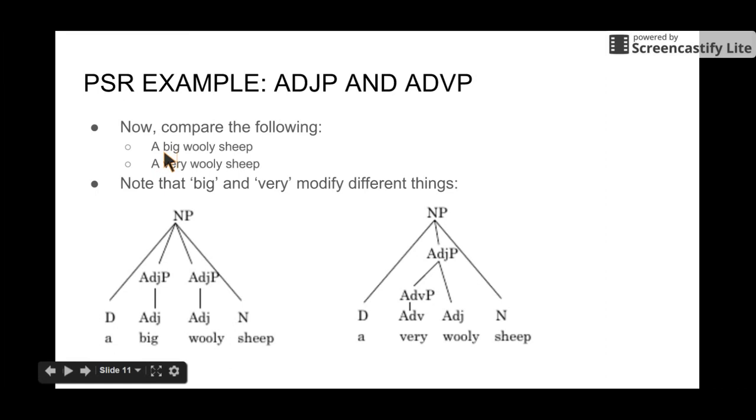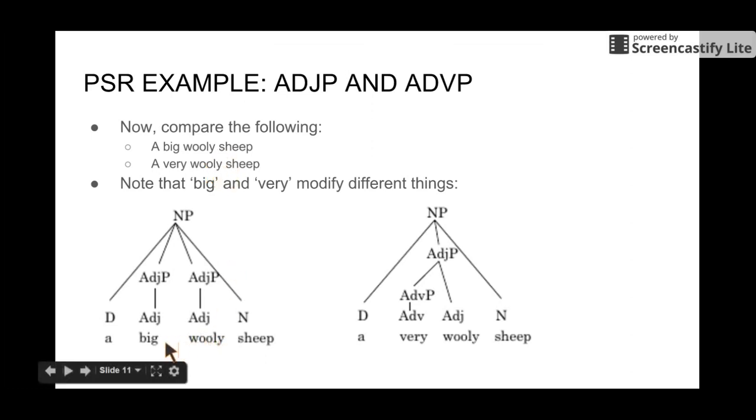Here the big in the big woolly sheep modifies sheep, right? And here very does not modify sheep. Instead, it modifies woolly, right? You have the intuition. So we will have two different tree structures for these two strings.